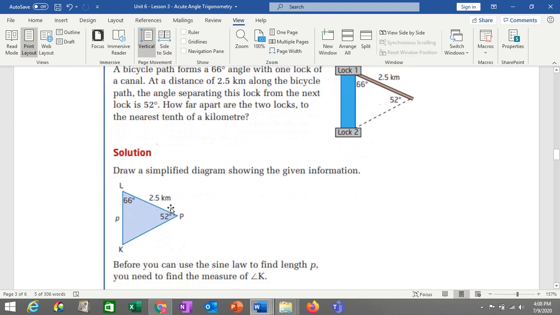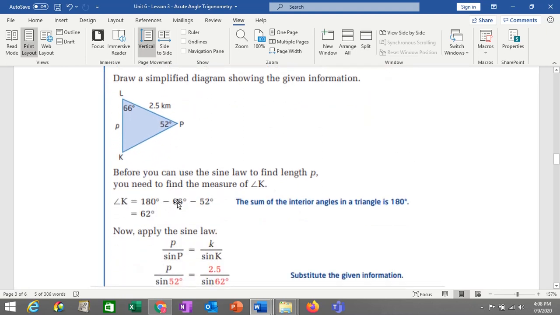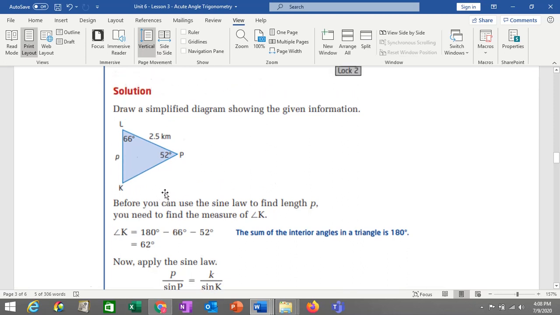So now that I know that, I have to figure out how I'm going to apply the sine law. To do the sine law, what you need are three numbers and an unknown. And it might look like we have this here, but we actually don't have the right three numbers. What you need is the angle and the side opposite the angle, right?